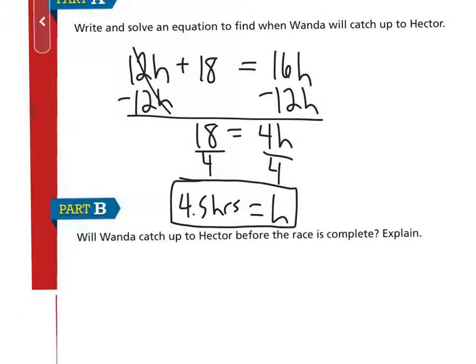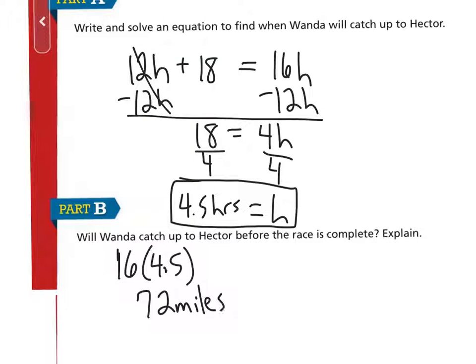Part B, will Wanda catch up to Hector before the race is complete? If you think about it, Wanda's going 16 miles an hour times 4.5 hours. Would be 72 miles.